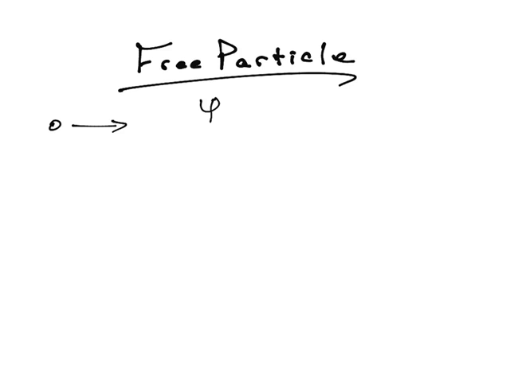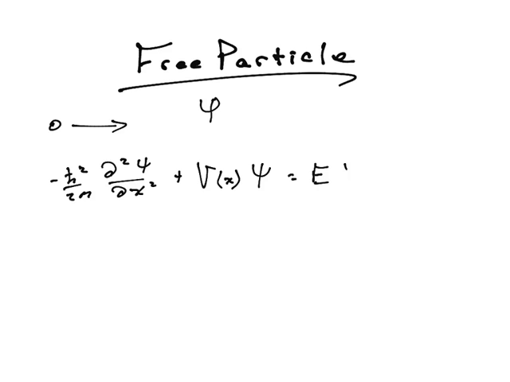How does one get the wave function for a system? The use of Schrodinger's equation. So if you remember Schrodinger's equation, it says minus h bar squared over 2m times the second derivative of psi with respect to x squared. We're doing this in one dimension, so just the x direction or just the y direction, whatever. Plus whatever potential is acting on our particle times psi is equal to E times psi.